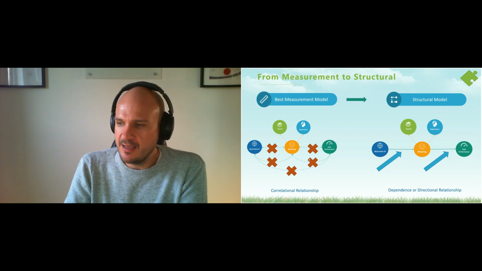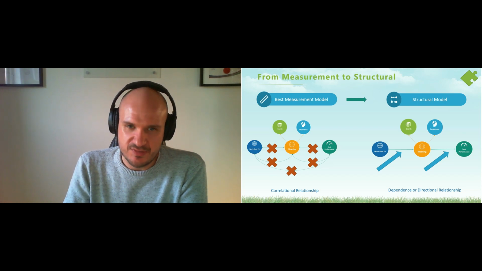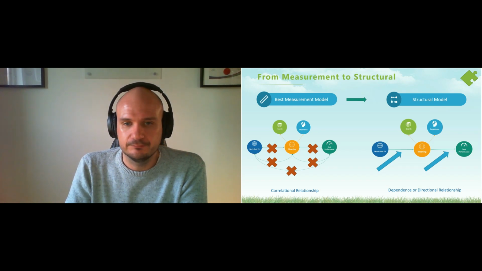All of these little lines disappeared, the covariance lines, and they became little straight arrows, because we now give them directionality and create dependence of some sort. So this is what we then specify in our actual model, right?